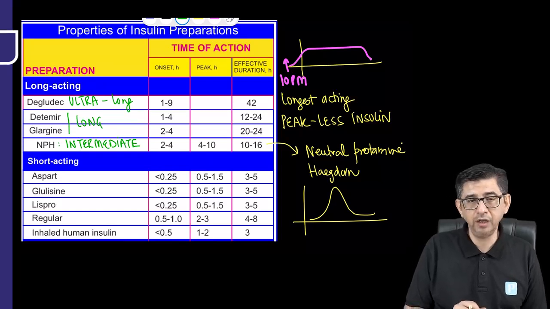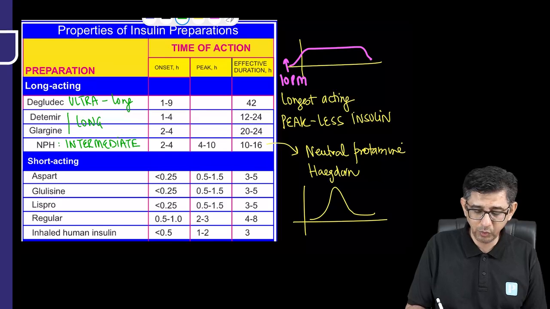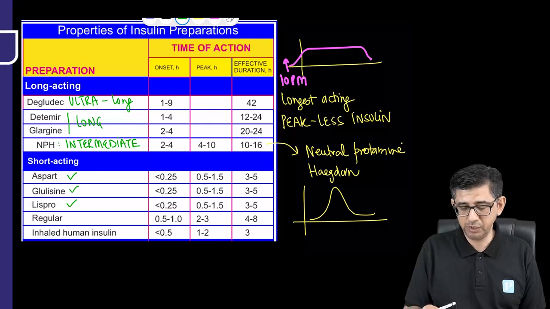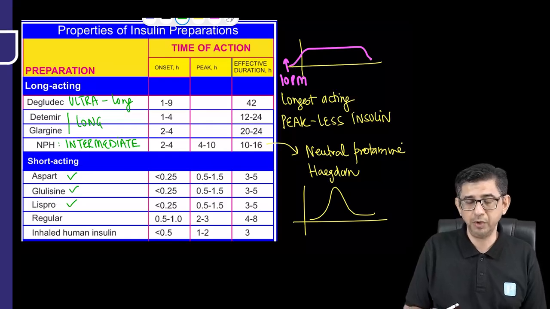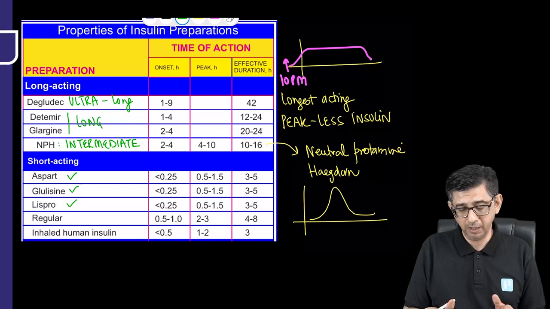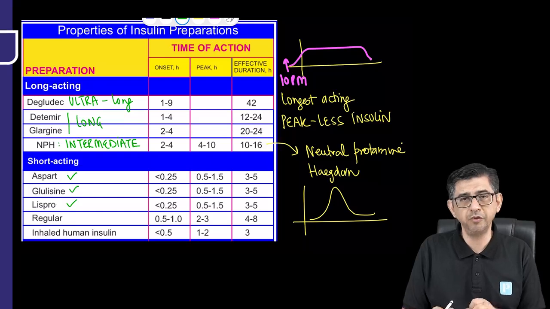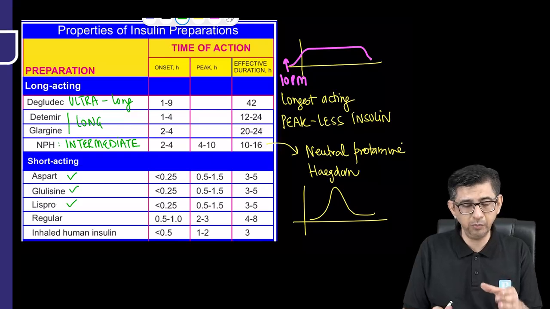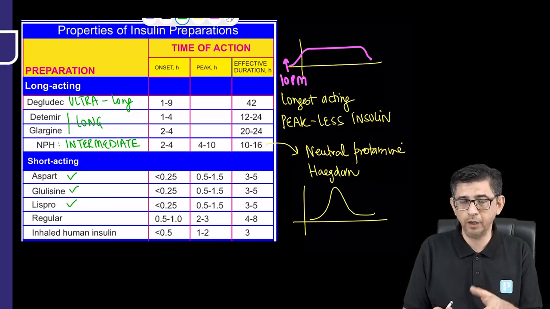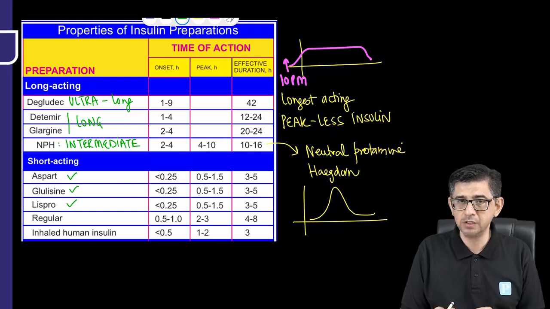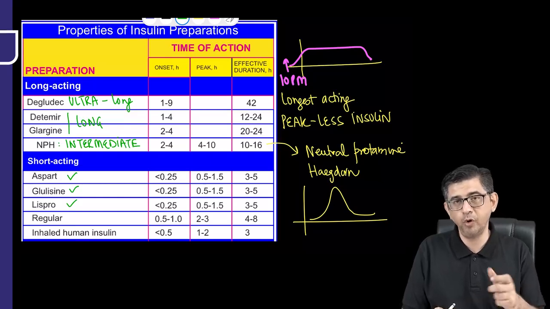As far as short acting are concerned, especially aspart, glulisine and lispro, these injections will start working within 25 minutes. If a shot of lispro or aspart is given, 1 unit of lispro or aspart can neutralize about 15 grams of carbohydrate. So whatever aloo paratha is being consumed by a patient, because we nowadays have apps available that will exactly tell you how much atta one paratha uses, along with that obviously there would be some stuffing of potato, and some oil poured.